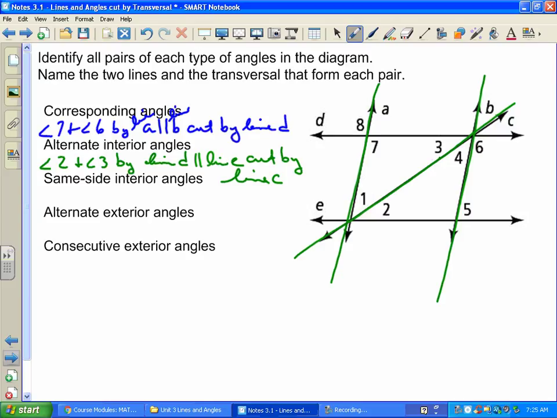In that case, angle 4 touches both of those lines and angle 1 touches both of those lines. It's for the same reason, but it is not the same set of lines. Therefore, it would be a totally different answer for alternate interior angles, because you would have angle 1 and 4 are alternate interior by line A and B being cut by transversal C. So that's what we're doing on this page. Now I'd like you to stop the video and see if you could answer a few questions like that.